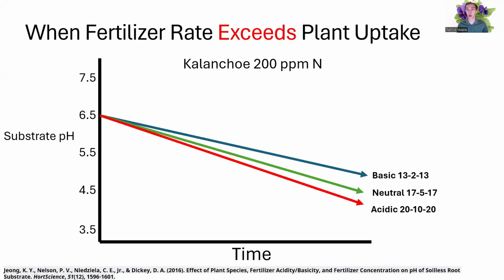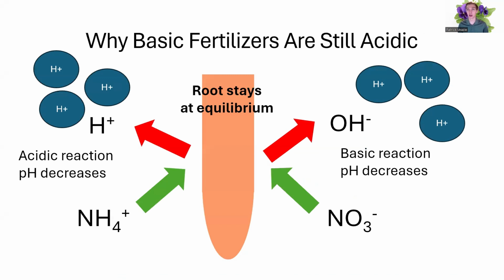Now, that was at 100 parts per million. When we exceed the plant's uptake with 200 parts per million nitrogen applied, notice that all three drop the substrate pH drastically. What's occurring is that there's so much extra salt applied into this environment that we have all these extra hydrogen ions occurring.